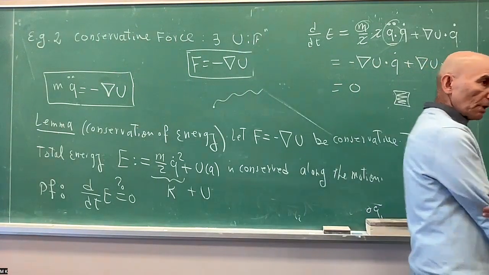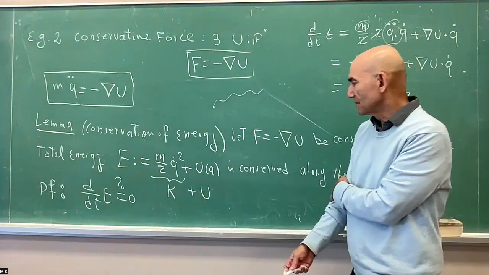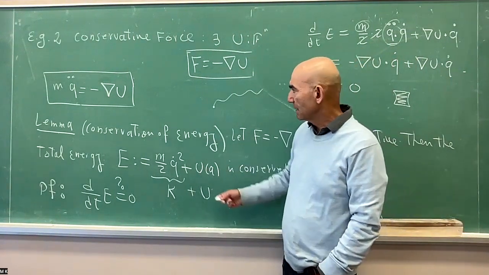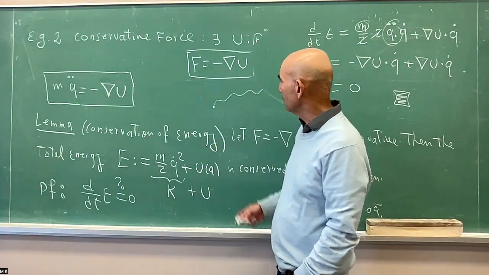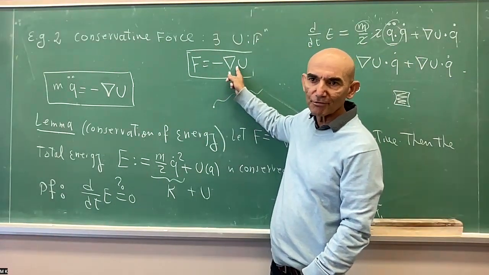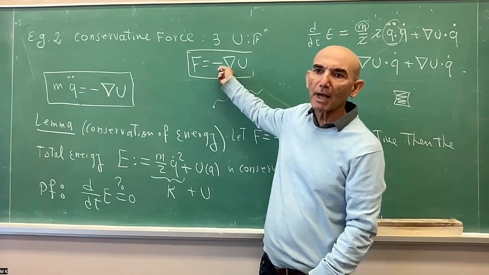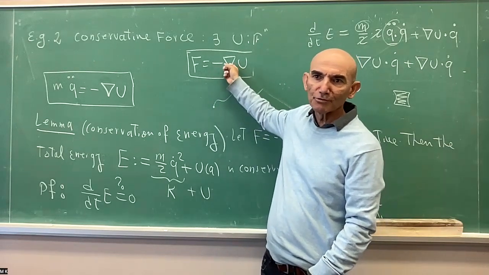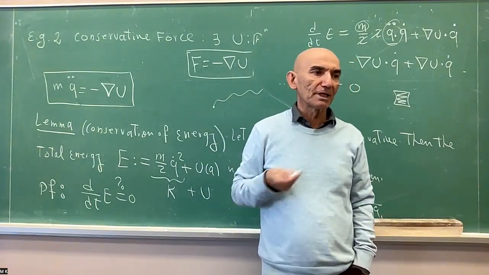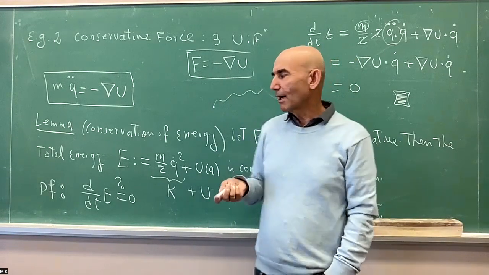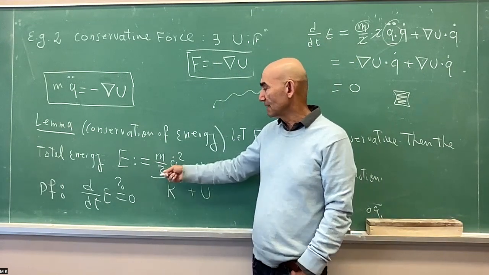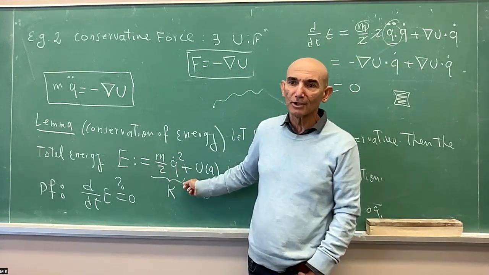A couple of things to notice here. Now you see why physicists, and also mathematicians when they are doing physics, insist on writing a conservative field as F equal to negative gradient of U, not equal to gradient of U. Mathematically, it wouldn't matter if you just changed U to minus U. But if I defined a conservative force to be F equal to gradient of U, then I would have had to say that total energy is kinetic minus potential energy.